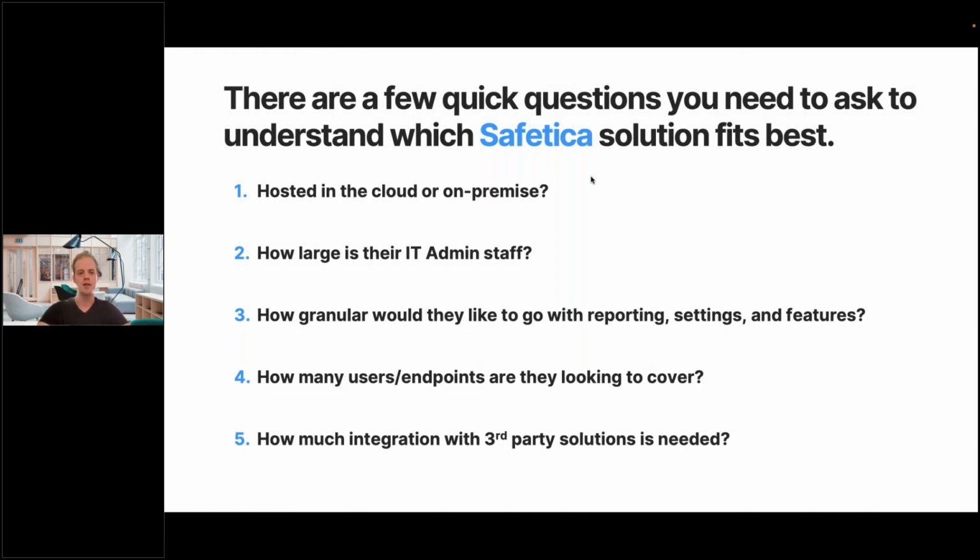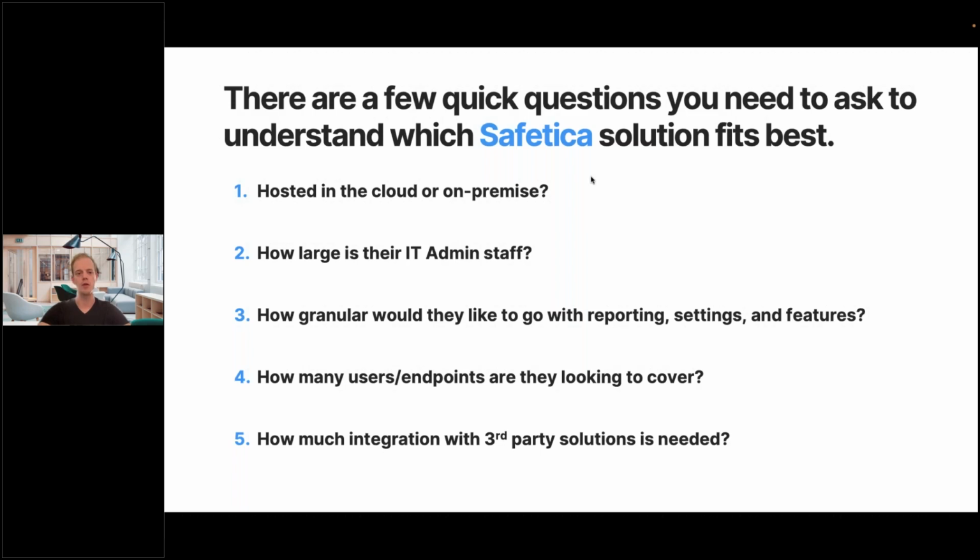If it's roughly that size and somebody says, I'm just a one-man show, I do all the IT admin work, Safetica 1 can fit for that, although it just depends on the workload. Safetica Next is a far lighter solution and a far easier solution to manage than Safetica 1. So if somebody generally mentions they only have maybe 1 or 2 IT admin staff, then Safetica Next would most likely be the best bet for that individual.